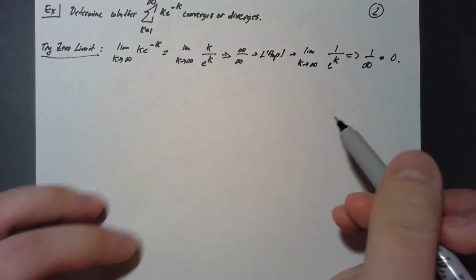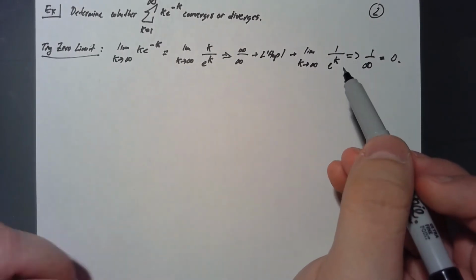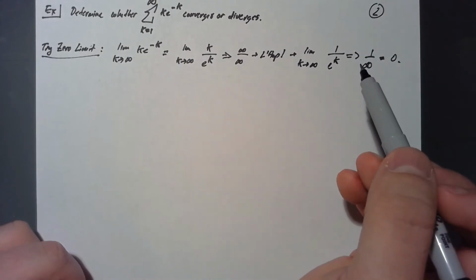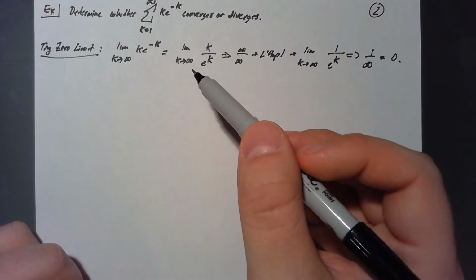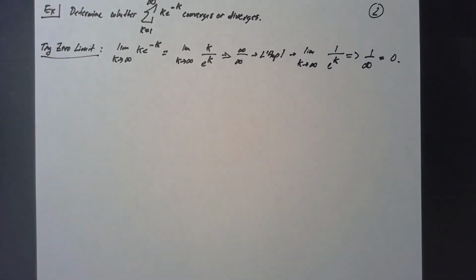So remember, what does the zero limit test say? It says that if the limit is different than 0, then the series diverges. If you remember that from the previous section, let me get my notes out here so you can see it for yourself.